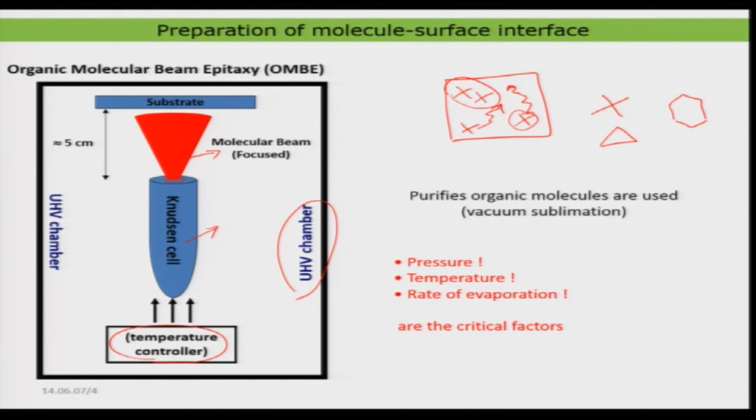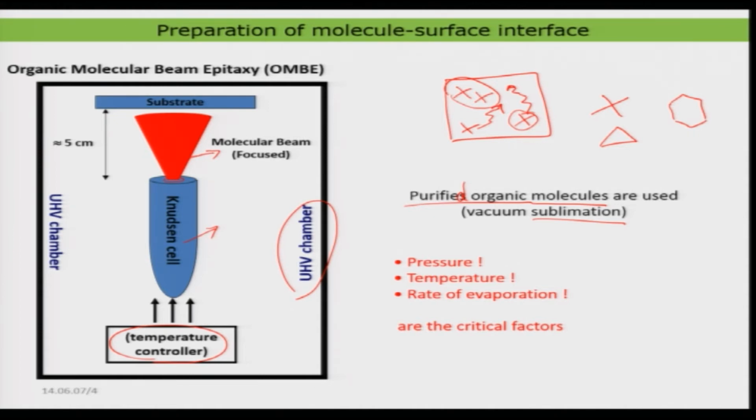Nonetheless, let us look at the most important parameters to do this evaporation. You need to have, of course, a highly purified organic molecule present in the Knudsen cell. That is very important. And then the molecule should also be sublimable. This is another requirement. The molecule should be sublimable, should not degrade with the temperature, and should not melt within the ultra high vacuum chamber.